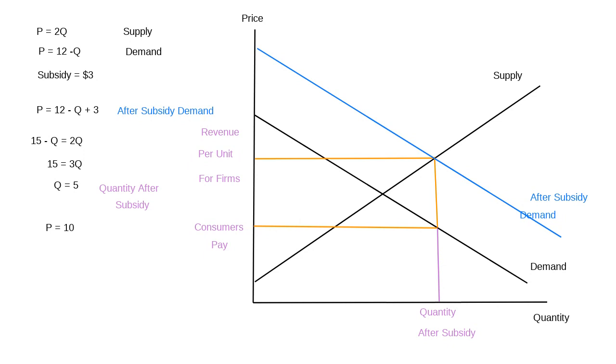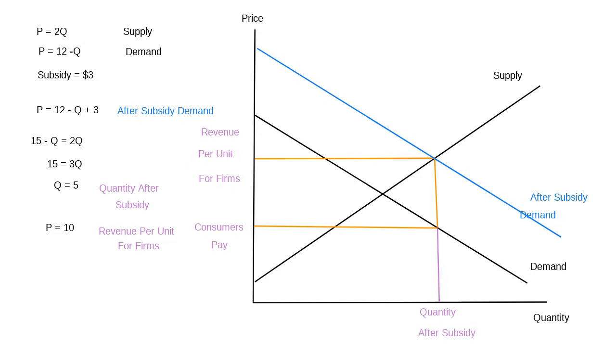And this is revenue per unit. And as we said already, that gives us this point here. If we subtract 3 from that, we'll get what consumers pay.